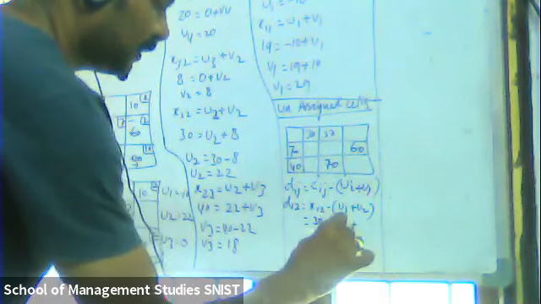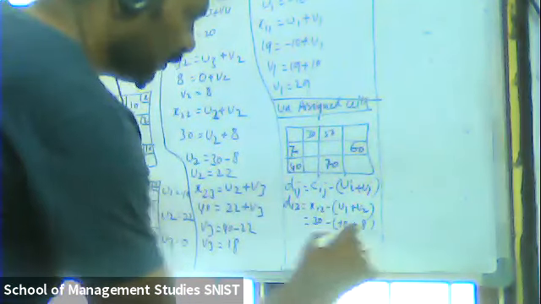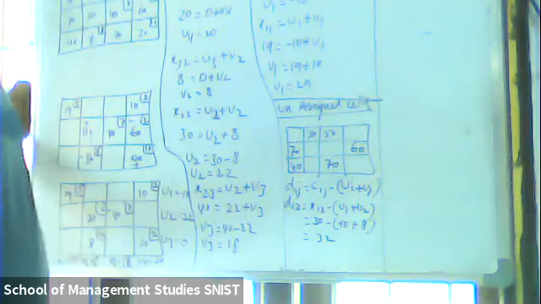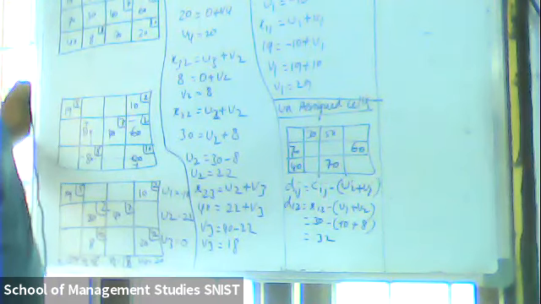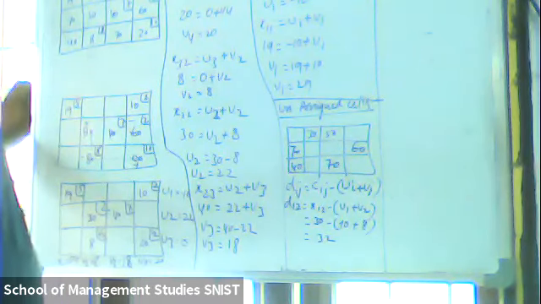U1 is minus 10 plus V2 how much? V2 is 8. How much are we going to get here? 32, right? Yes, sir. No, 28, sir. Minus 10 plus 8. How much? So which is minus 2, so 30 minus (minus 2) is 32. Sorry, sir. Sorry. 32. Okay, clear?